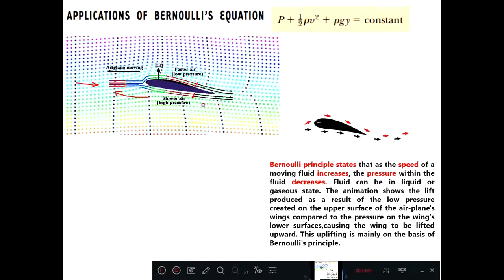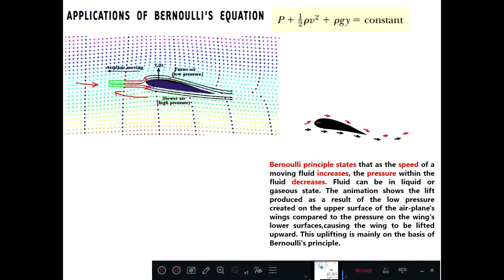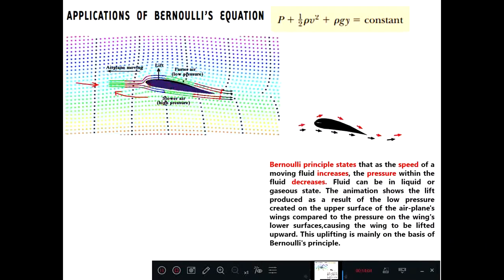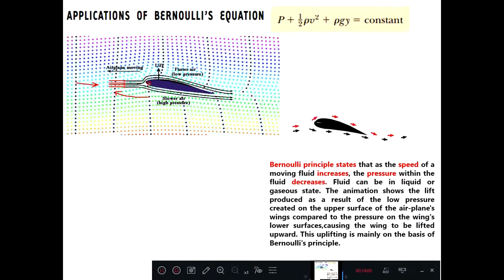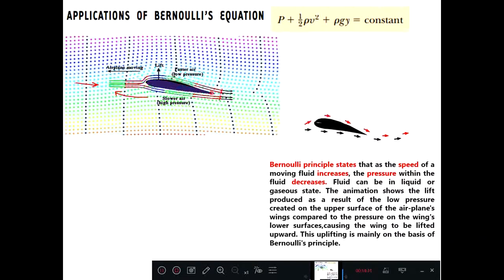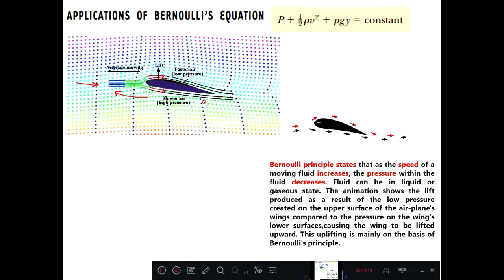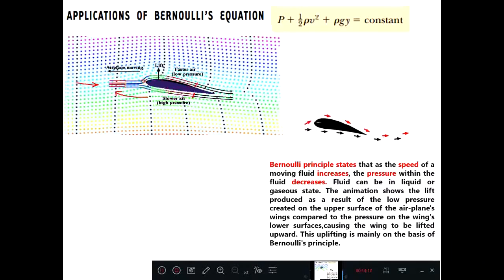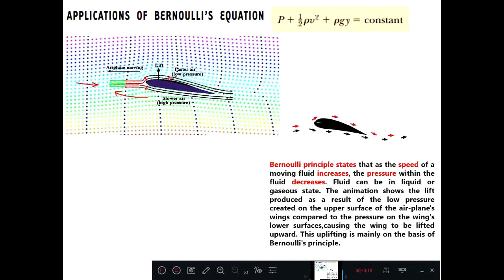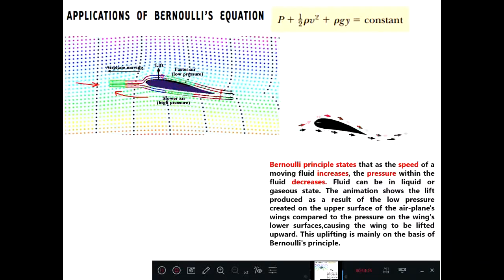Okay, but if you look at the wing, the upper surface has the longer path, and the lower surface has the shorter path. So what will happen here? On the upper surface of the wing, the air particles will move faster.